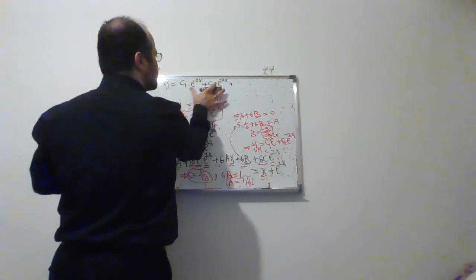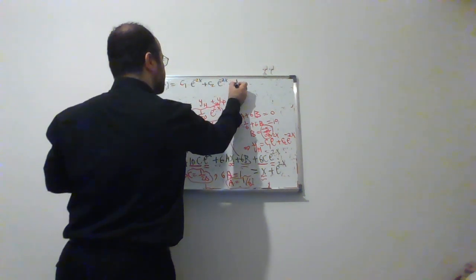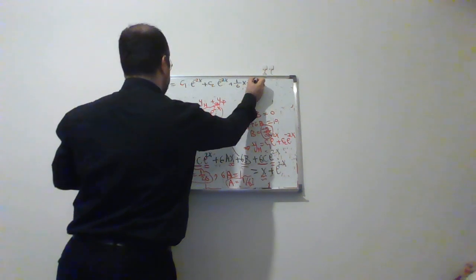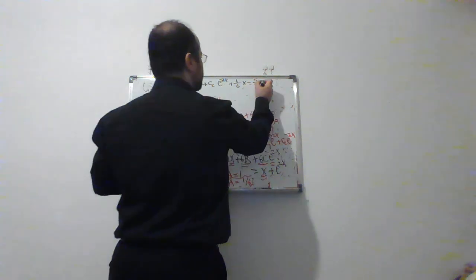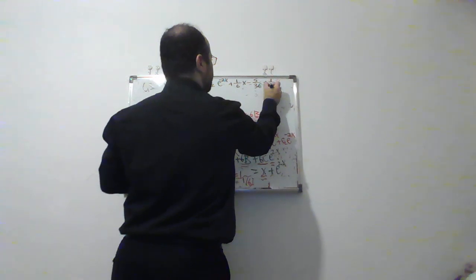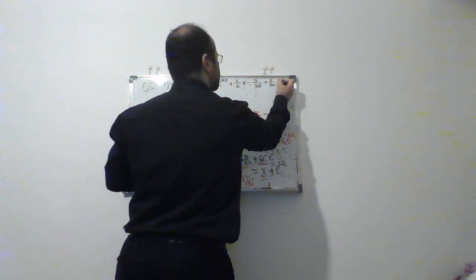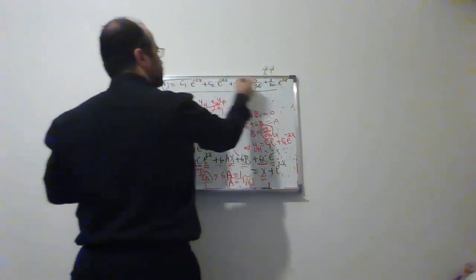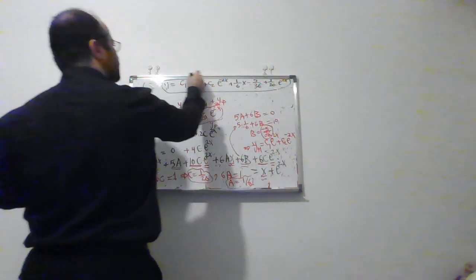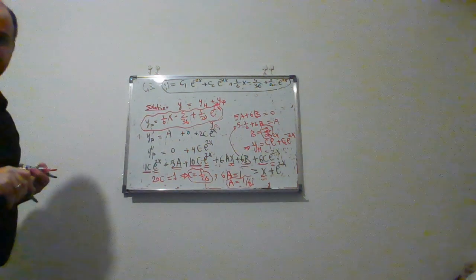This is the homogeneous part, plus 1 over 6 x minus 5 over 36, and then plus 1 over 20 e^2x. This will be the general solution for the differential equation given.